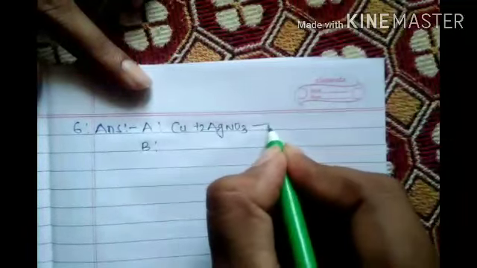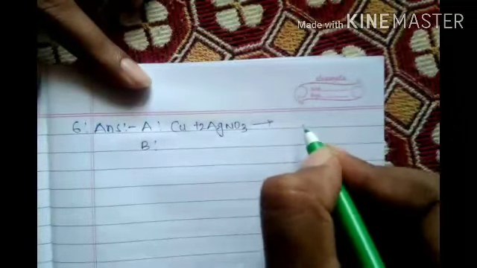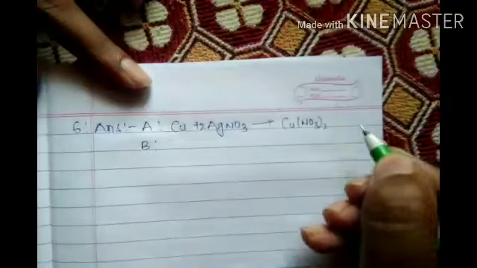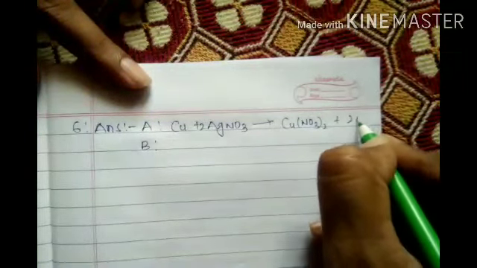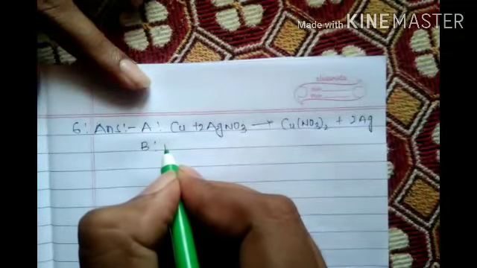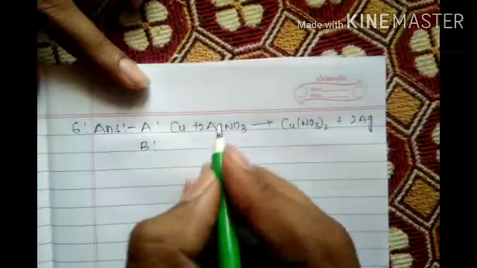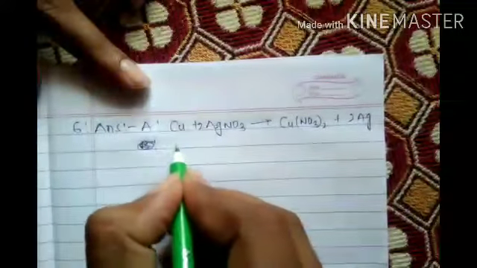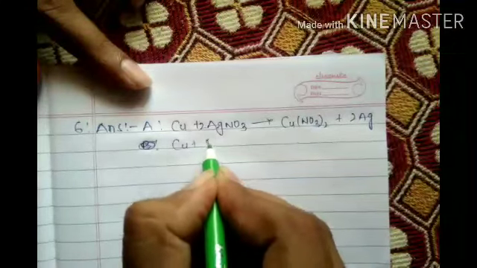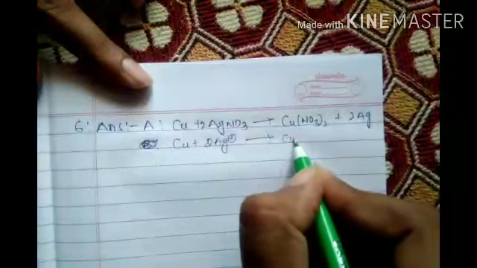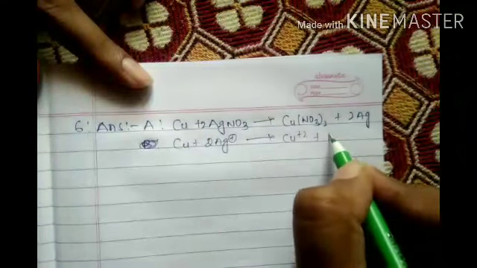So 2 moles we have to take because of the 2 valency of copper. Cu(NO3)2 plus 2 Ag. Write in a different manner: Cu plus 2 Ag+ gives rise to Cu2+ plus 2 Ag.